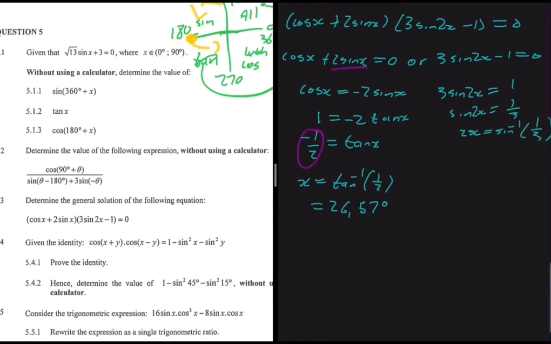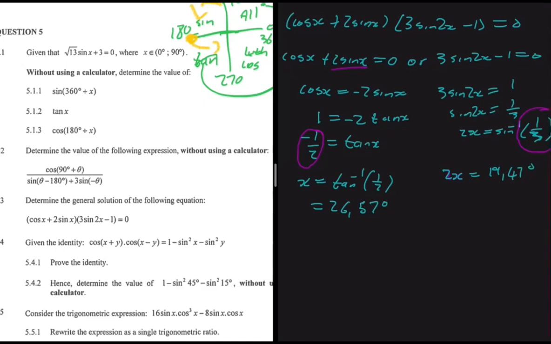Let's note this again: we have 1 divided by 3, which is positive, so we want quadrants where sine is positive in this part of the equation. If we say arcsine of 1 divided by 3, we're going to get 2x being equal to 19.47 degrees.